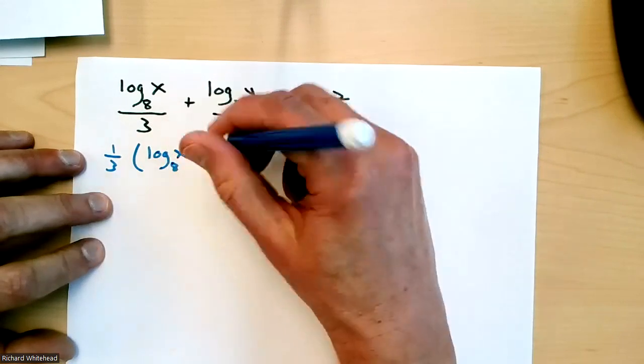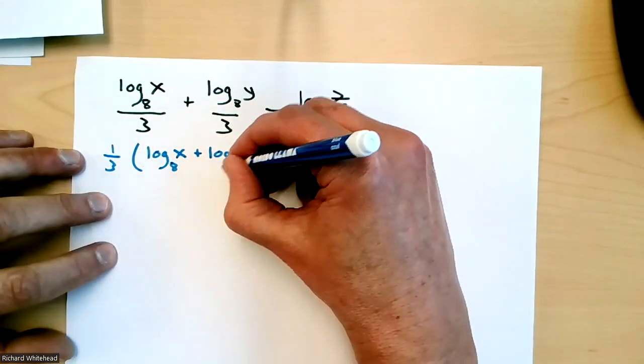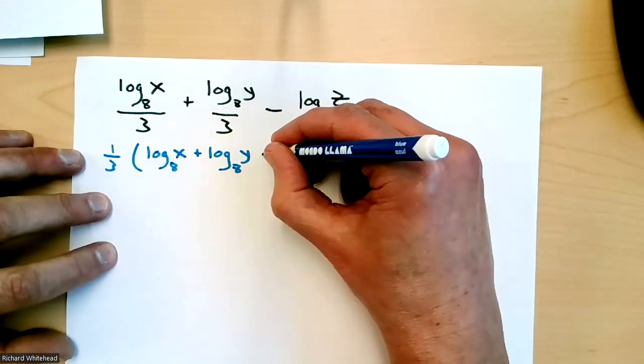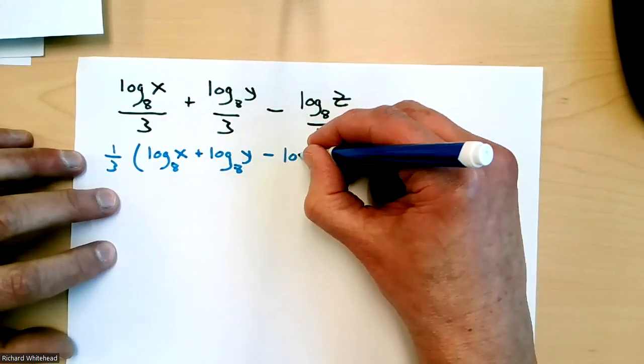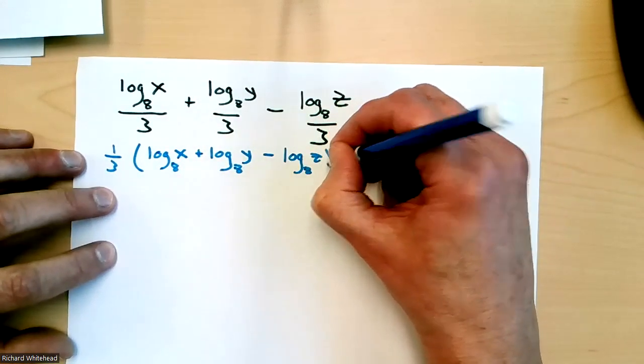So I'd have log base 8 of x plus log base 8 of y minus log base 8 of z.